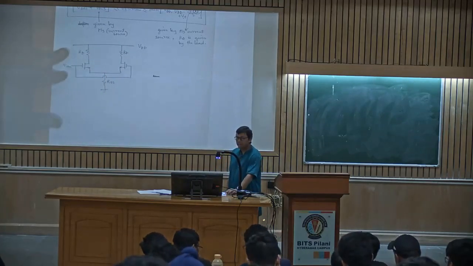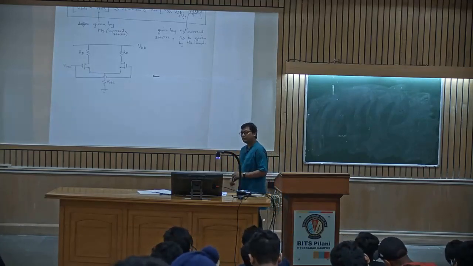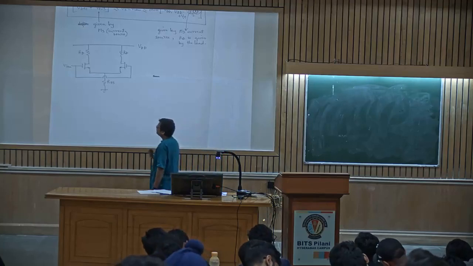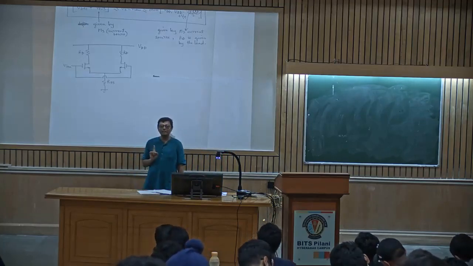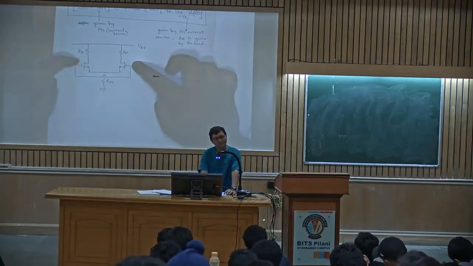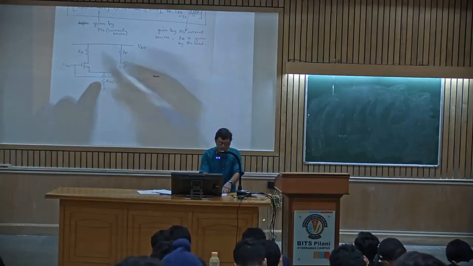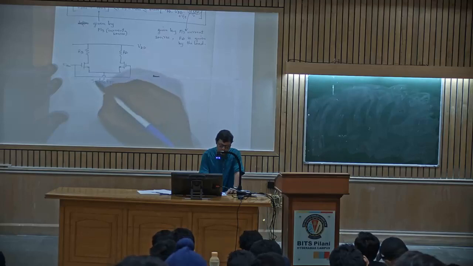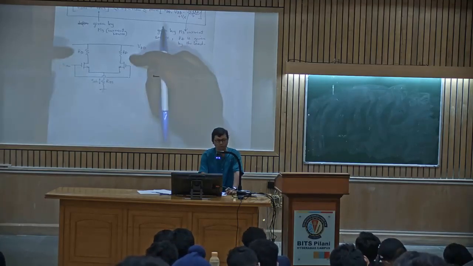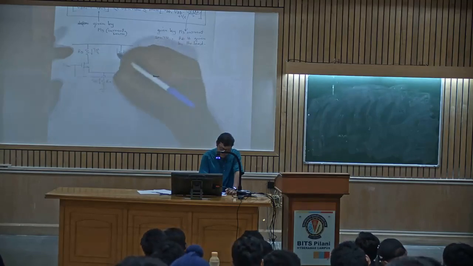We are choosing an ideal case, RD1 and RD2 are equal, GM and all of these things are equal. Then, first thing to note is that if we are having the same VICM added to both the same transistors, M1, M2 are also the same. Then, the current flowing through the current source ISS will be equally divided into the two. Current over here ISS by 2, current over here ISS by 2.